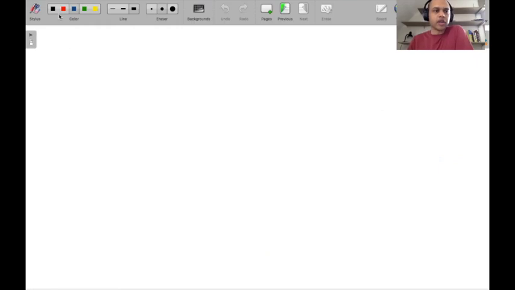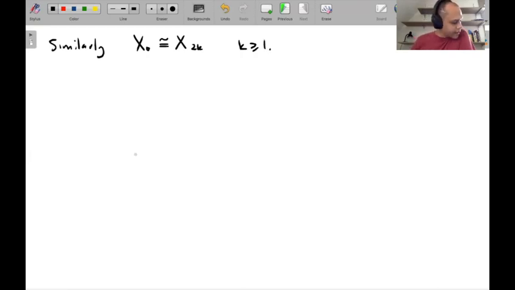So similarly, x0 is topologically equivalent to x2k, for any k, by the same sort of argument. And x1 is equivalent to x2k plus 1.